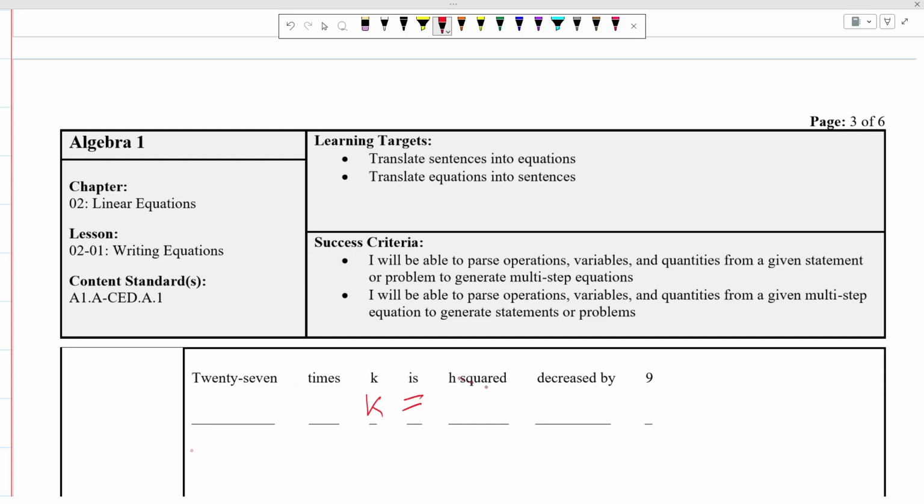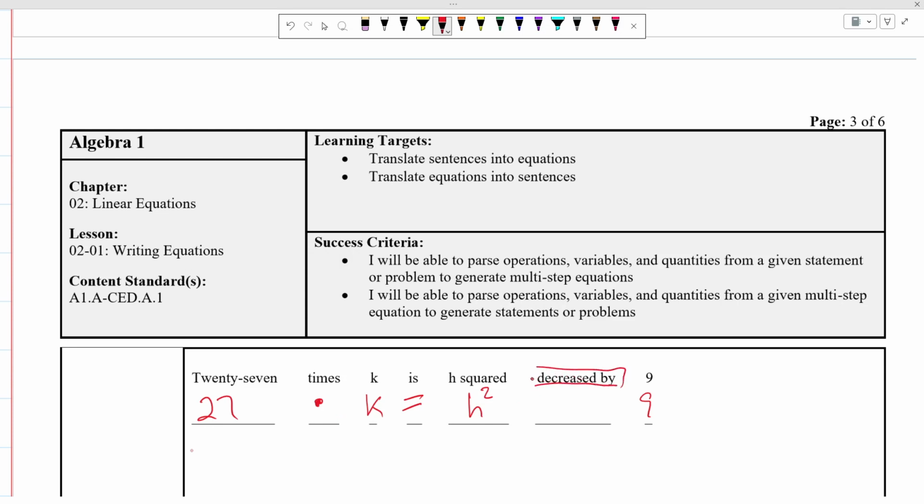All right, let's see here. H squared, again, clear. It is quite literally a variable. H squared, okay? Now I don't see any more variables. Now let's talk about numbers here. 27, 9. Okay, now operators here. Times, okay, multiplication. There's my little multiplication sign. And decreased by, decreased by.